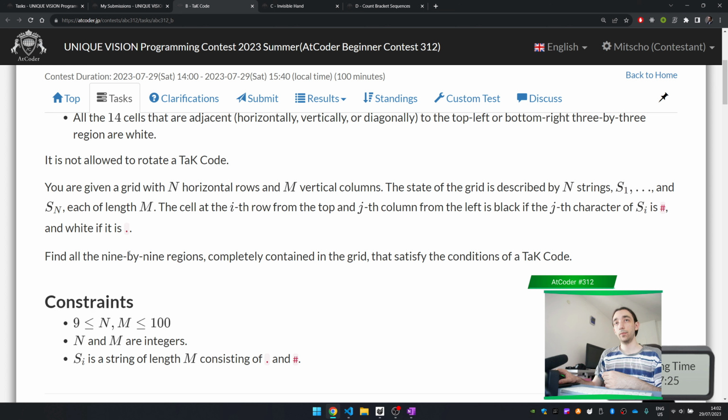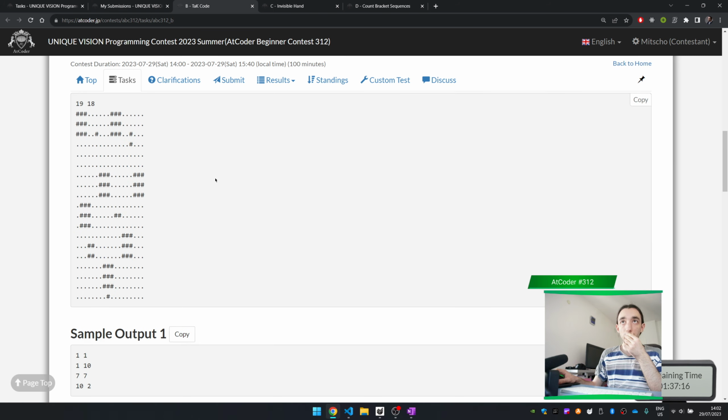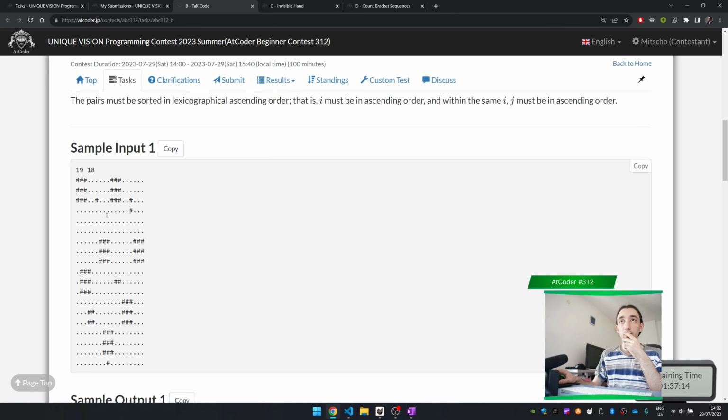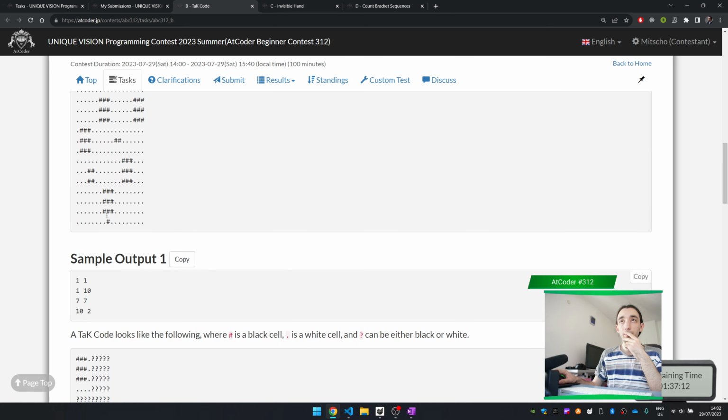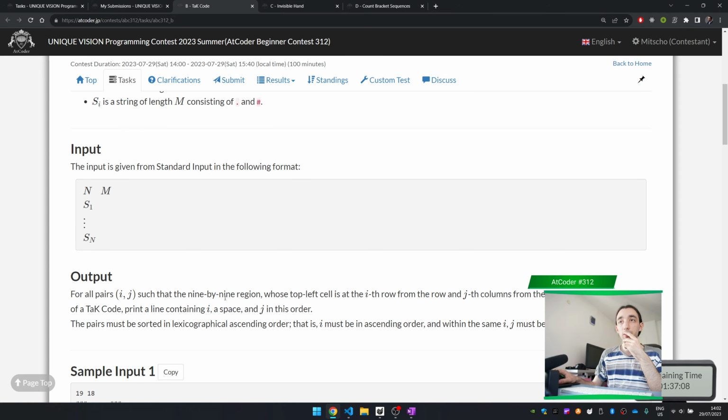Find all the 9 by 9 regions completely contained in the grid that satisfy the condition. So what is the output? The output is all pairs.